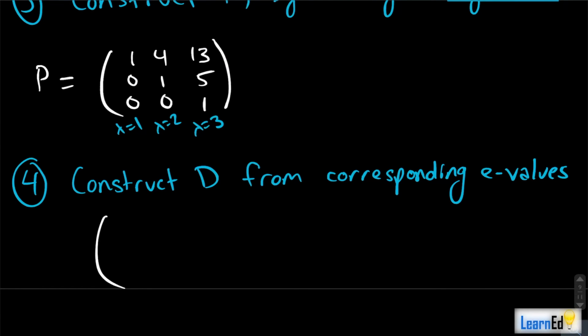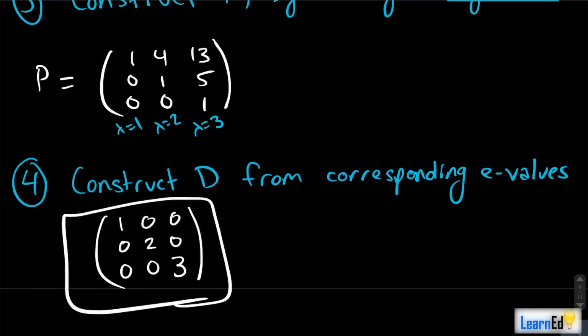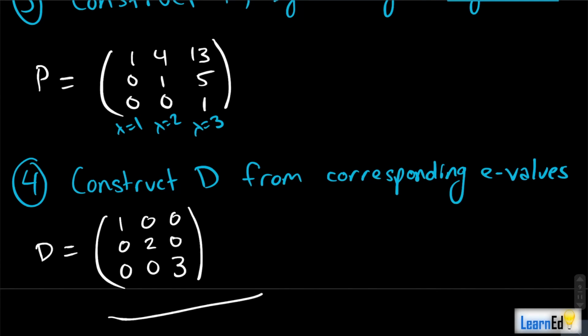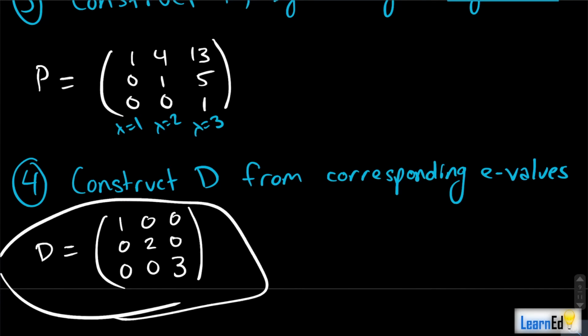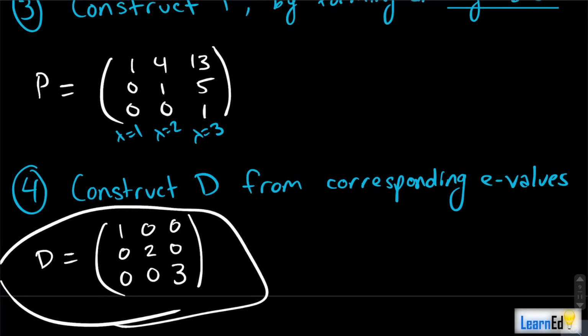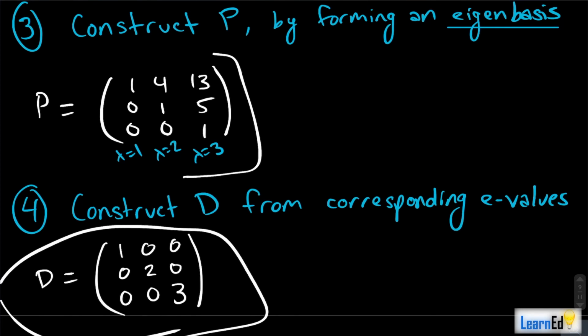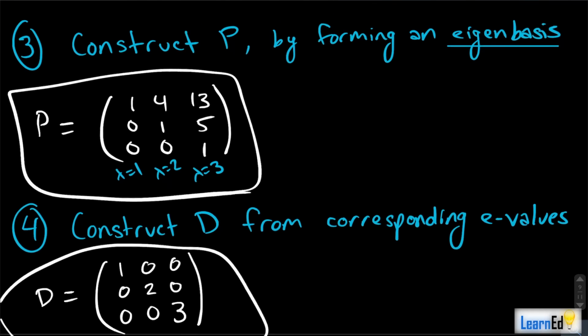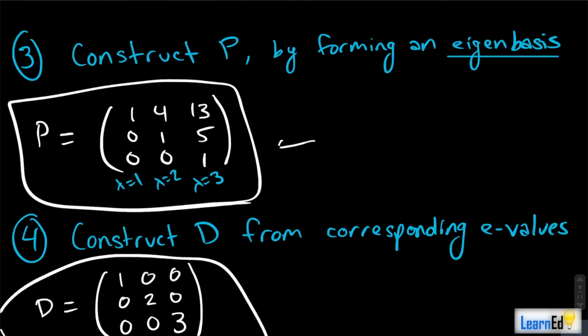And so we're going to have 1, 0, 0, 0, 2, 0, 0, 0, 3. And that, my friends, is D. Okay? So there you go. We diagonalized the matrix and we also found our eigenbasis, which is P. And you can even make a little arrow to that saying eigenbasis.